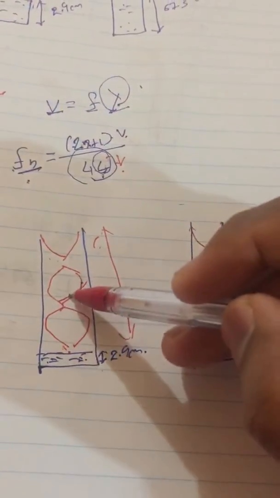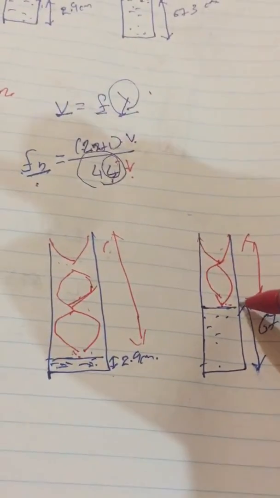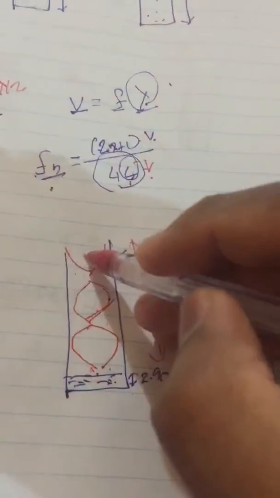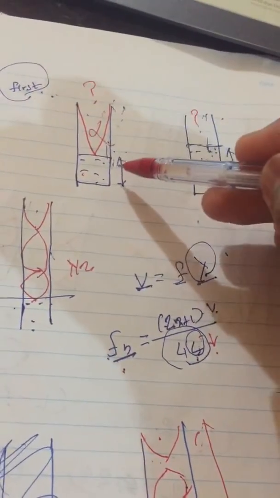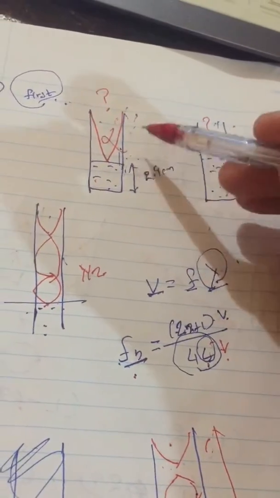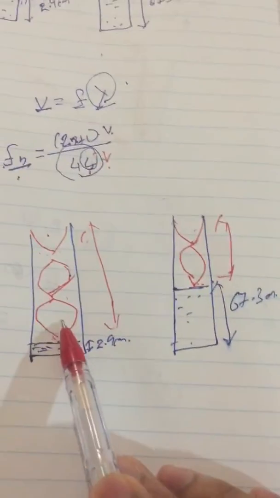So if we have the third harmonic here, then we'll have the second harmonic here. I'm not saying that here it is third, as I explained in the first place. We don't know the value of the harmonic because the length of the air column is not gradually increased from 0. But just for an example, if this was the third, then this would be the second.